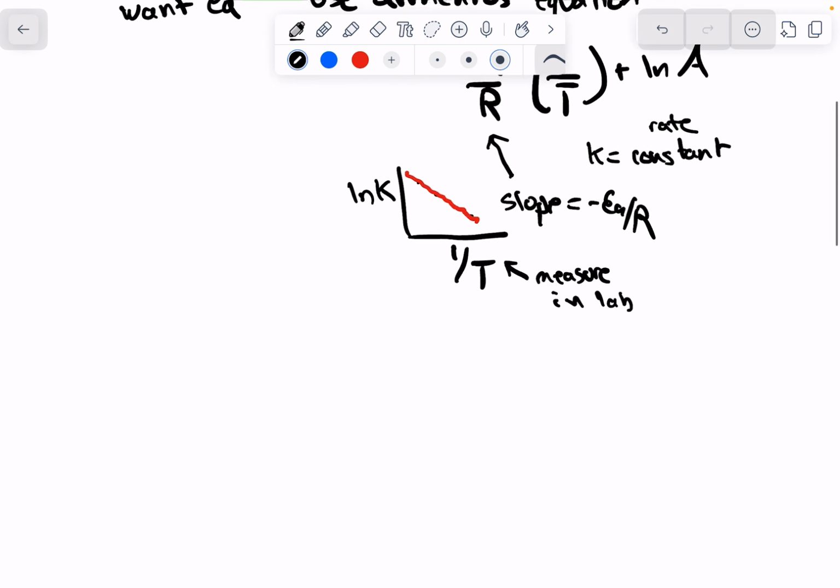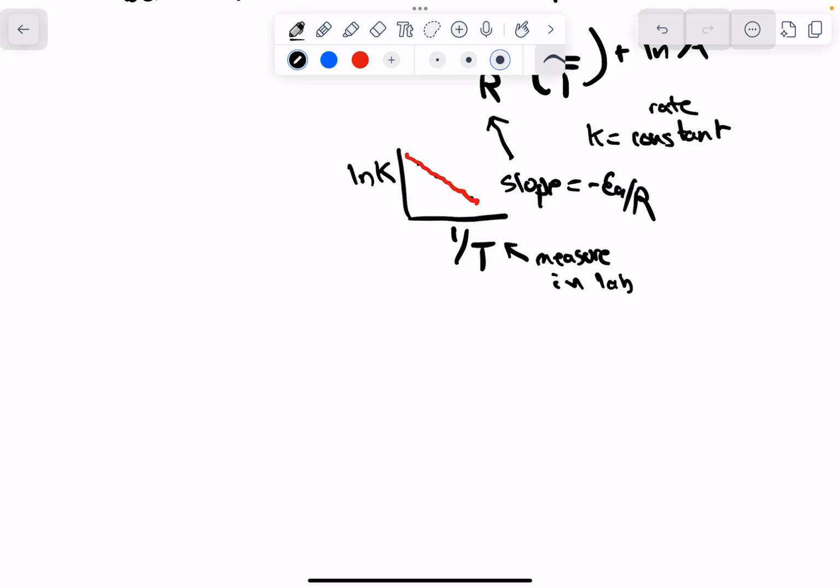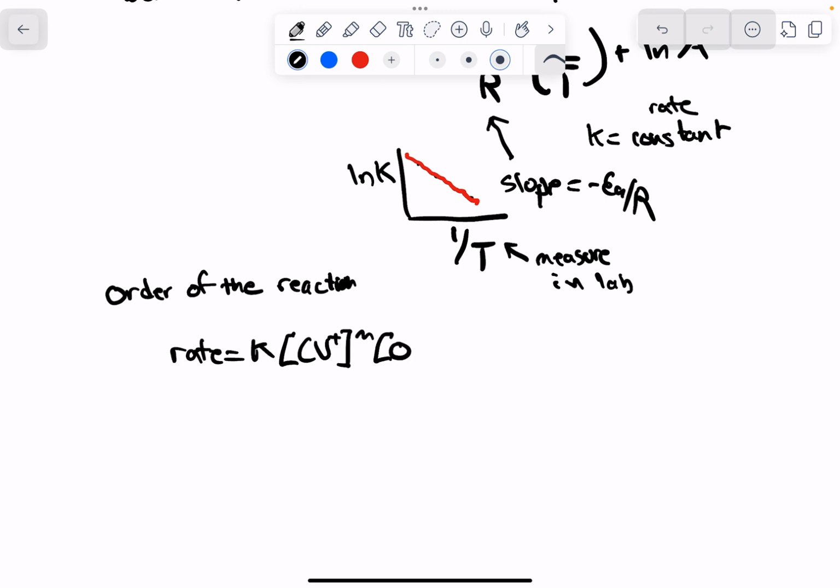In order to do this, we need to figure out the order of the reaction. The rate law is equal to k times the crystal violet to the m and the OH minus to the n.